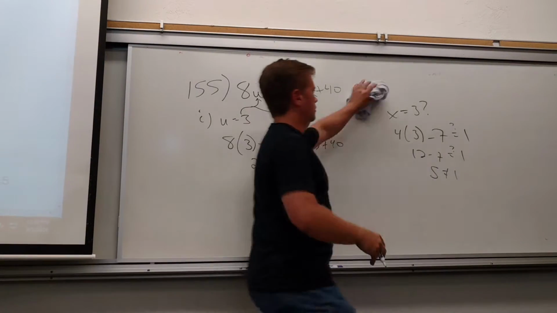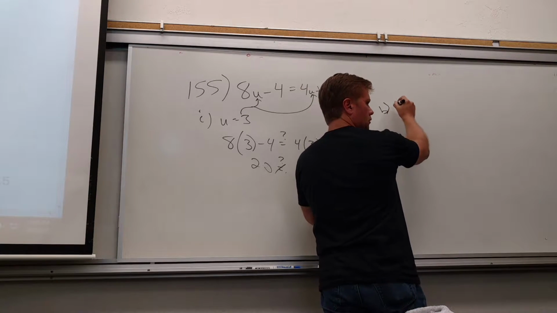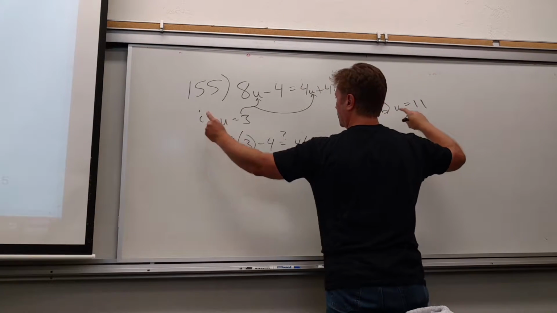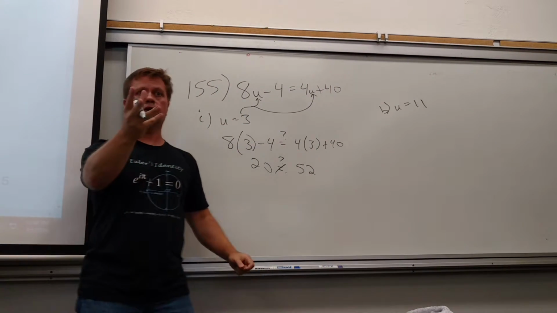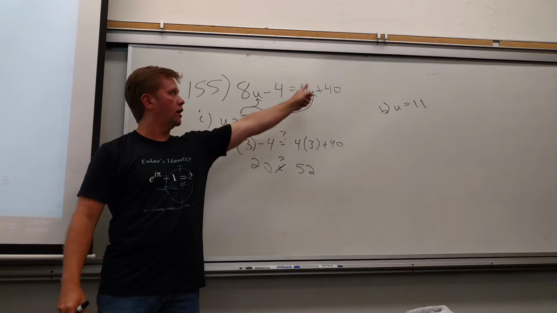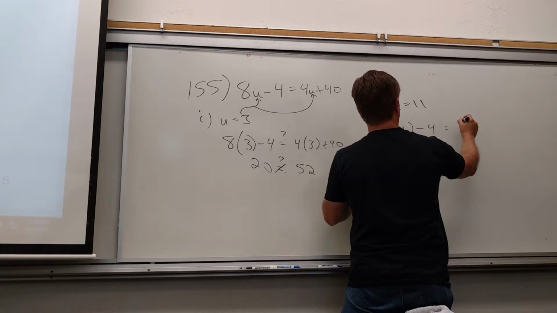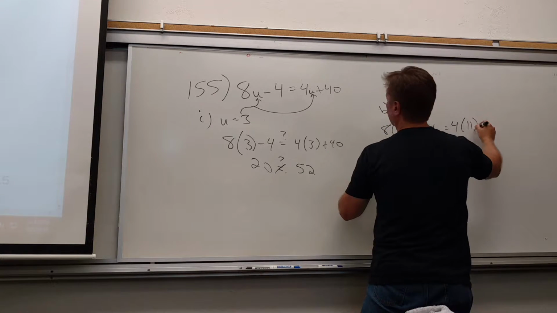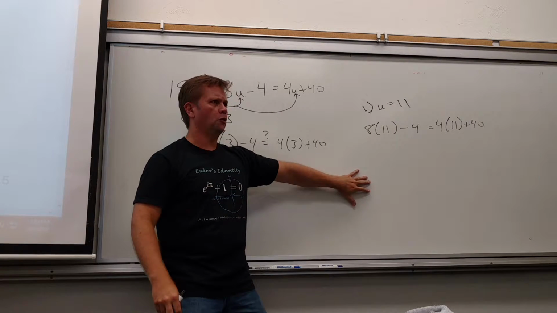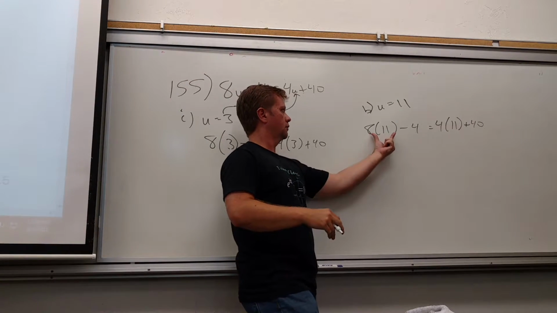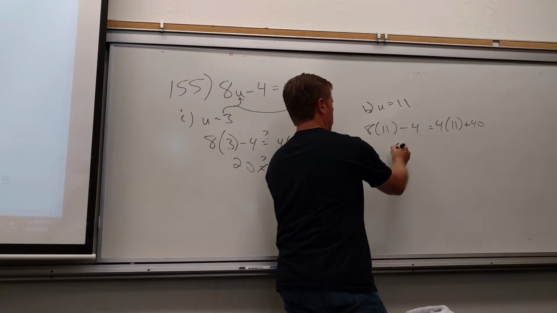So did anybody do the other one? u equals 11? The same way, right? Instead of putting a 3 in there, I'm going to put 11 in there. So 8 times 11 minus 4. 88 minus 4 is 84.